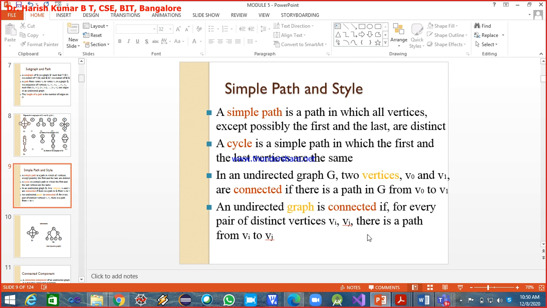So that is what it means: an undirected graph is connected if for every pair of distinct vertices Vi and Vj there is a path from Vi to Vj.